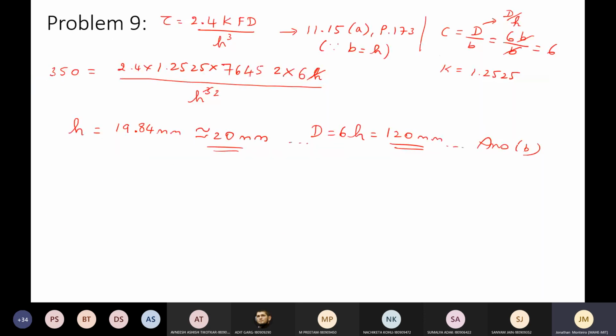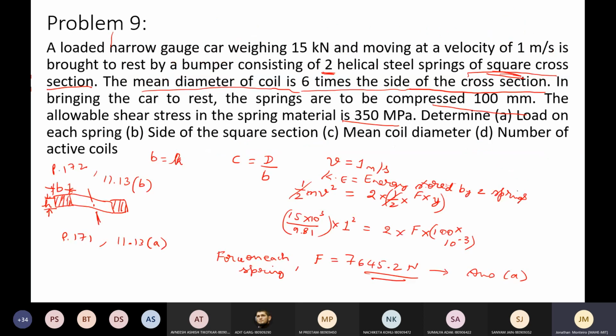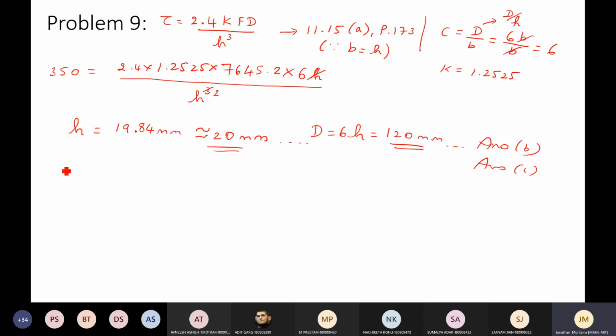Next, mean coil diameter. I think that is also done. Answer C. Both are done. Now the number of active coils, I. Y is equal to, we can go for the formula again reserved for square springs: 5.66 I F D cube by H to the power 4 into G. This is 11.15B, axial deflection, again reserved for B equal to H only.